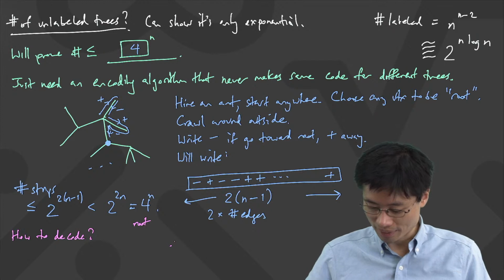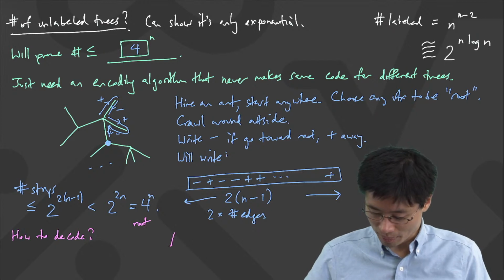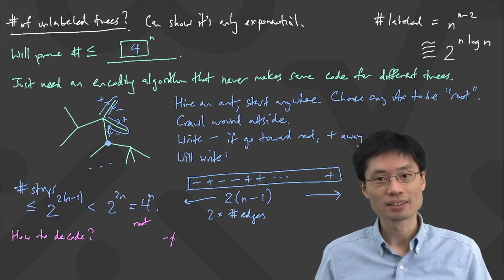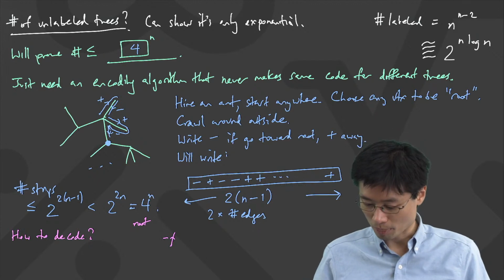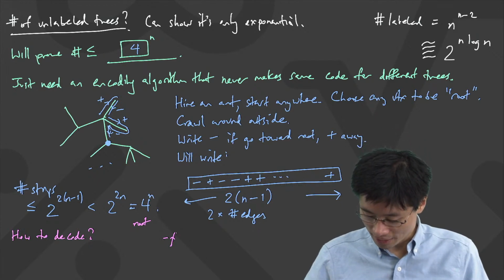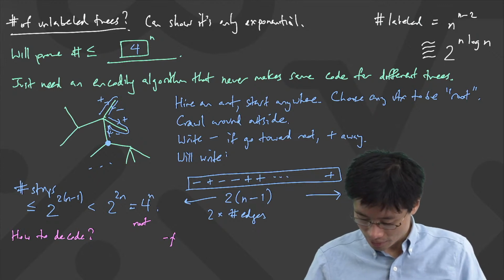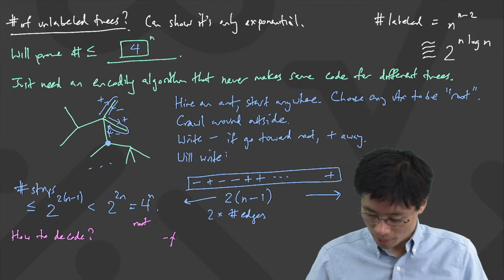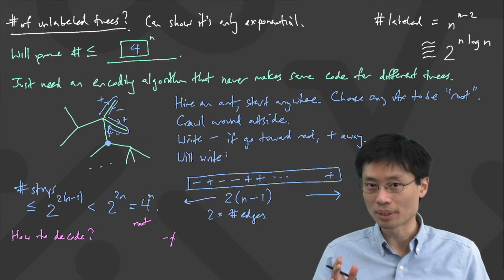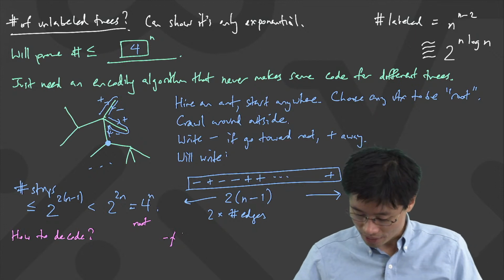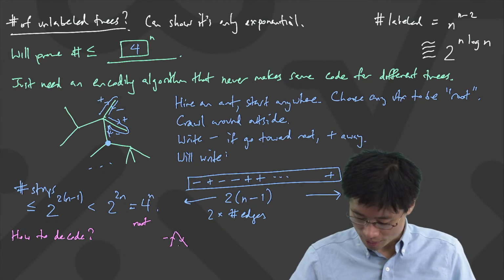I start somewhere, and I get a minus, so I'm going to go up. Does that make sense? And then I have a plus. If there's a plus, then I'm going to go back down. So minus is up, a plus is back down, but remember, this is on the outside of a tree. So we're going plus, which is back down.